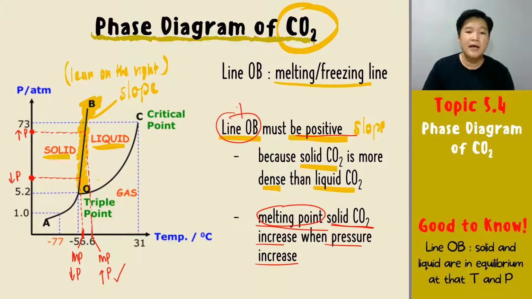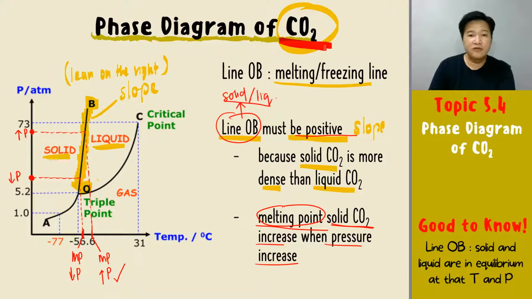Bear that in mind, the line OB is the line between your solid and your liquid. Okay? So for the phase diagram of CO2, your line OB or your solid-liquid line must be positive, which means it must be leaning to the right. Okay? That is my positive slope. Okay? Simple.